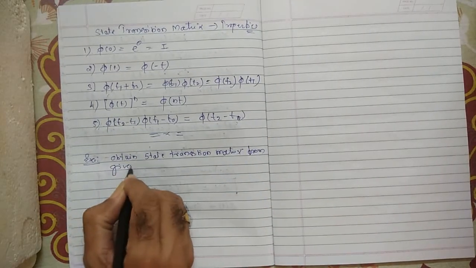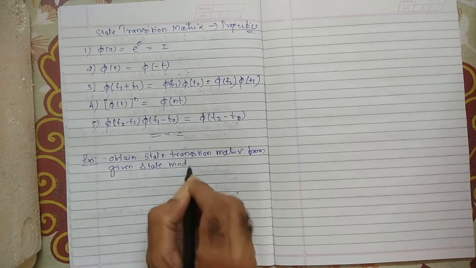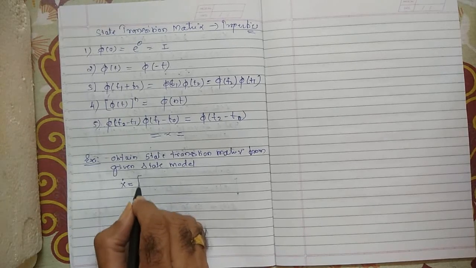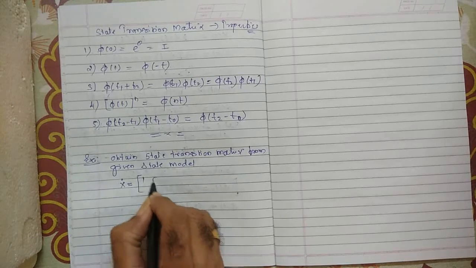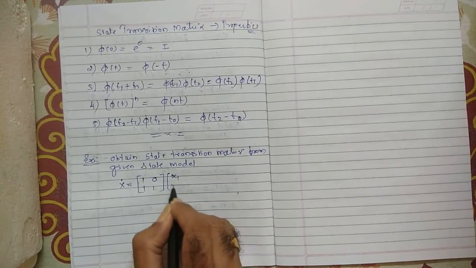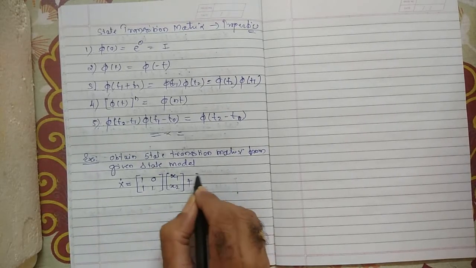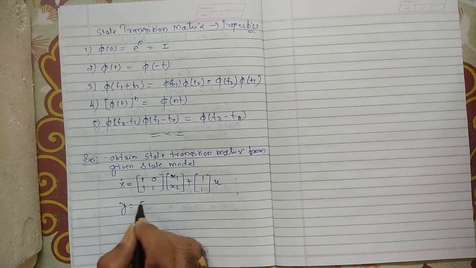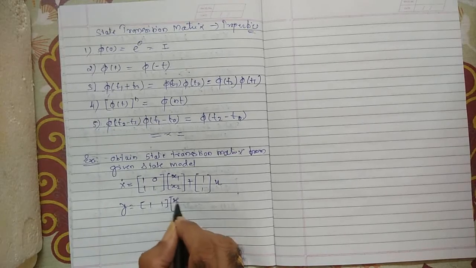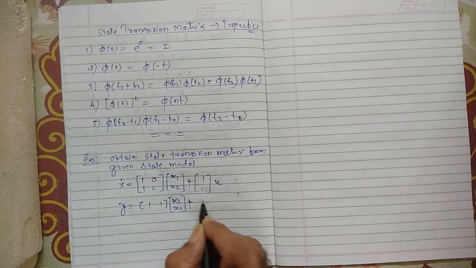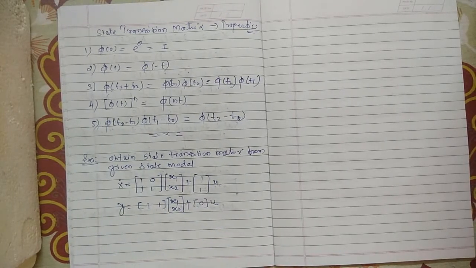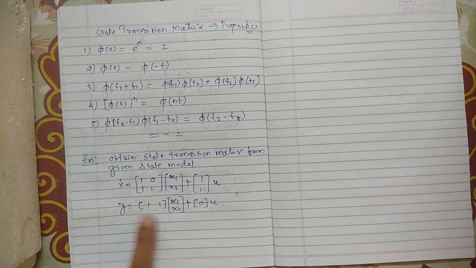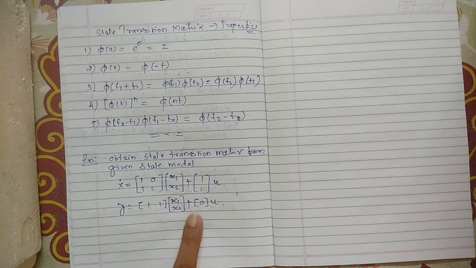The state model is x dot equals [1 0; 1 1] multiplied by [x1 x2] plus [1 1] multiplied by u, and y equals [1 1] multiplied by [x1 x2] plus 0 multiplied by u.